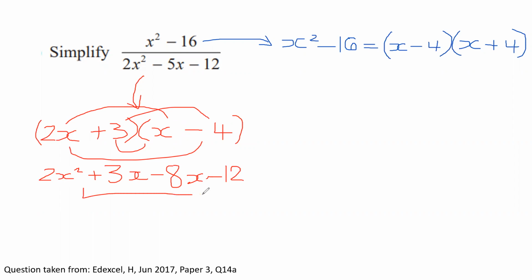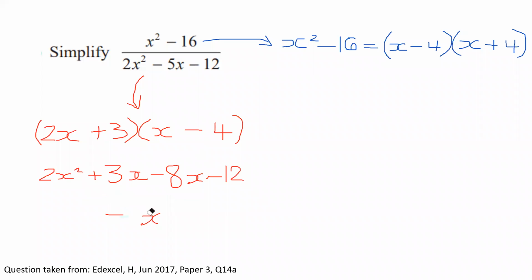If we simplify this, then we end up with minus 5x. So luckily we do get exactly the same as what we started with, 2x squared minus 5x minus 12. Excellent. So now we've dealt with the top and the bottom.